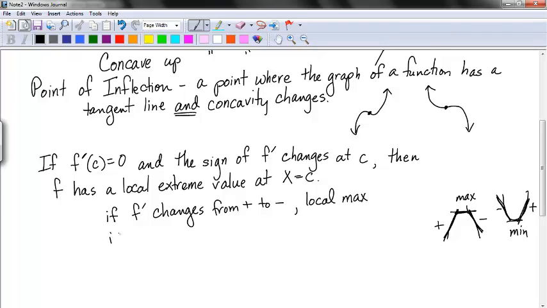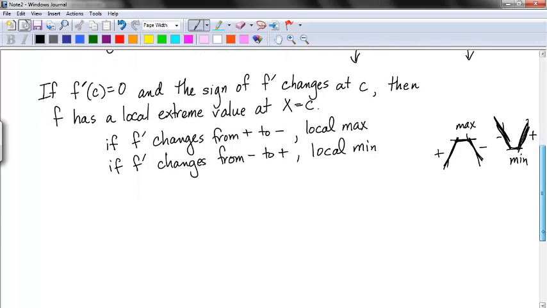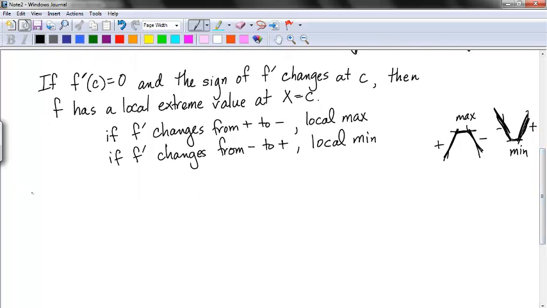And then if the f prime changes from a negative to a positive, from a negative slope, that'd be like this one, then you're going to have a local min. Okay, now with that, let's go through what they mean by a complete graph.